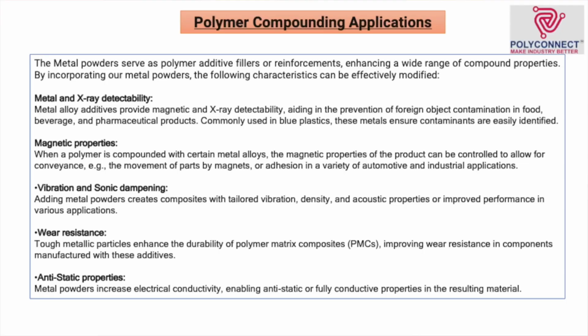By adding metal powders you get metal and X-ray detectability, magnetic properties, vibration and sonic damping, wear resistance is improved, anti-static properties are improved. There is another additive, silicone gum, which helps to improve processing as well as surface properties.